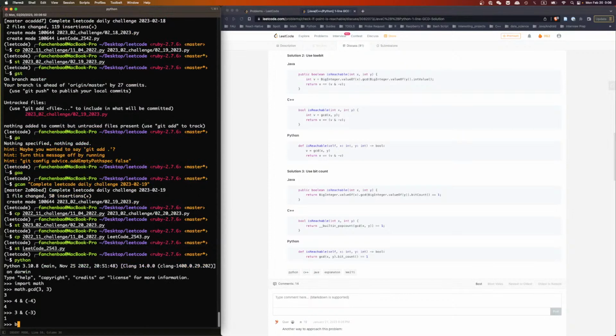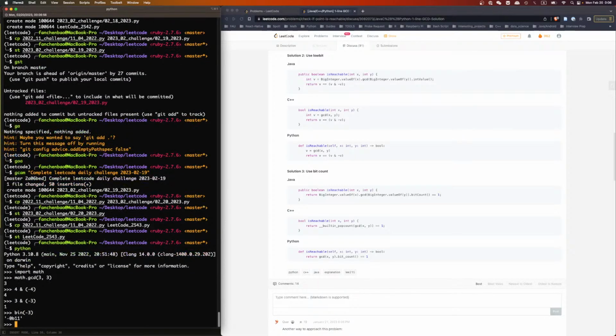Wait, hold on. Yeah, we have to put a minus value in here. That's not right. Hold on. 4 is 1, 0, 0, 0. Minus will be 2's complement, right? So a complement plus 1. Oh yeah, it should be equal.